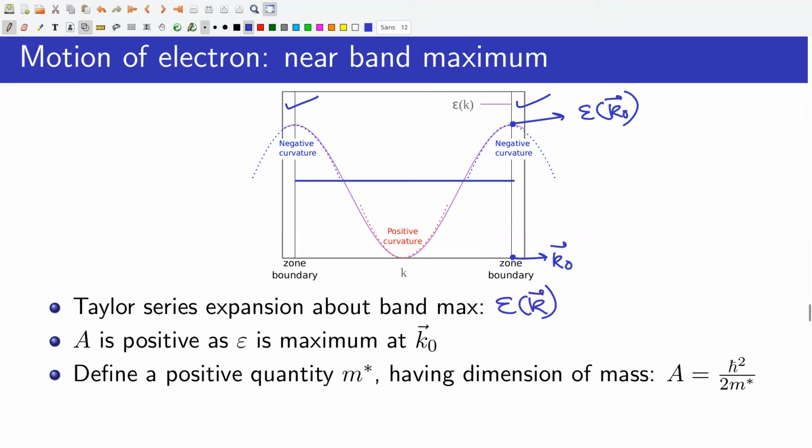So this is energy as a function of k, which is approximately equal to E(k0). This is the energy maximum, and as we go away from this k0, we just assume that the energy is decreasing quadratically.